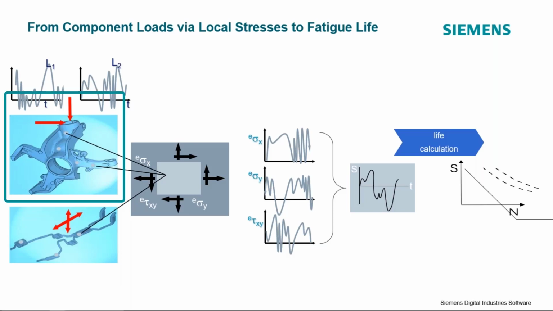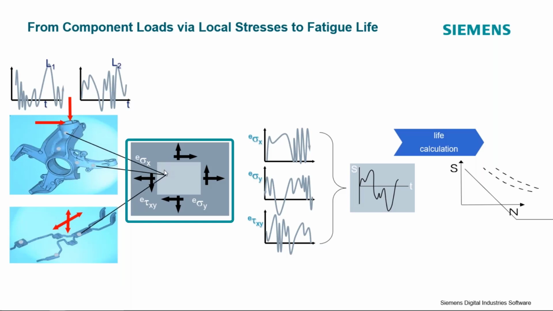And so I have, let's say, a couple of gauges placed on this particular part, and this part is experiencing multi-axial loading conditions. So it's experiencing normal stresses in two different directions, and maybe it's experiencing some shear as well.